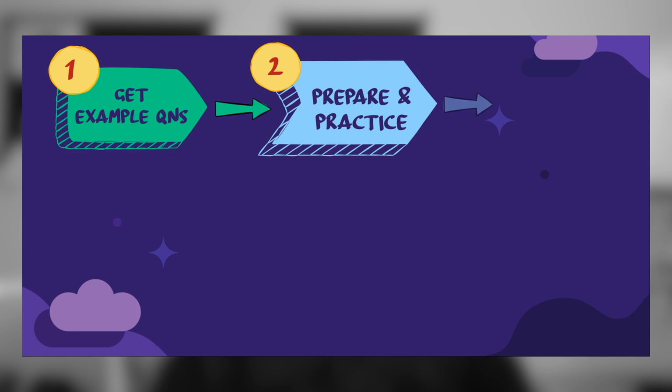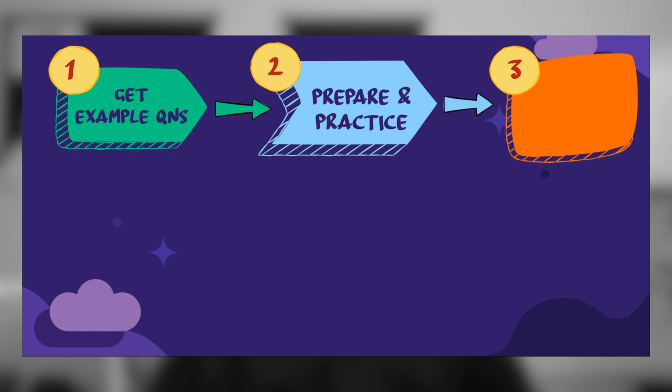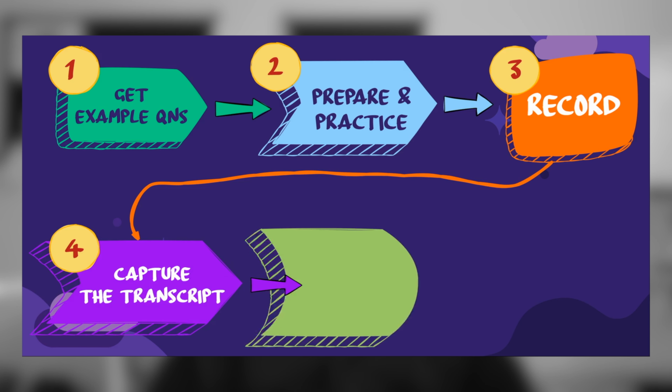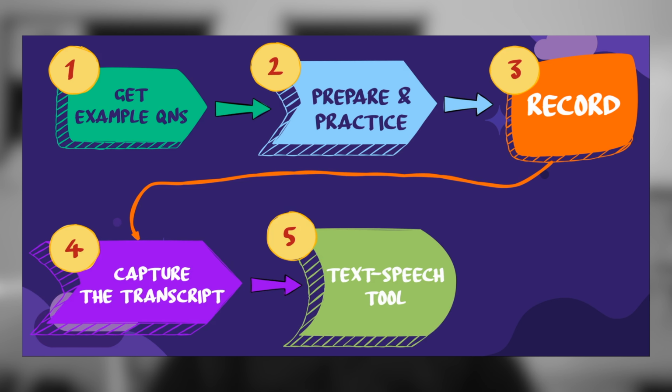Step number 3, record your answers using a speech-to-text AI tool. Step number 4, simply capture the transcript, copy the text that you created in step 3. And then step number 5, paste that text into a text-to-speech AI tool.